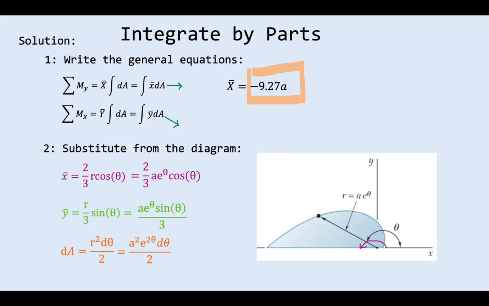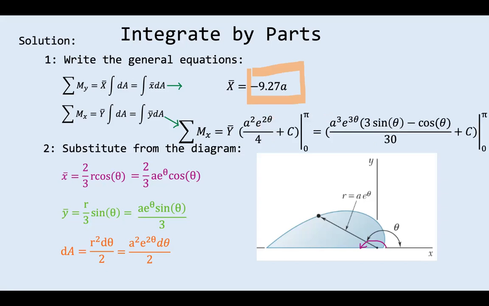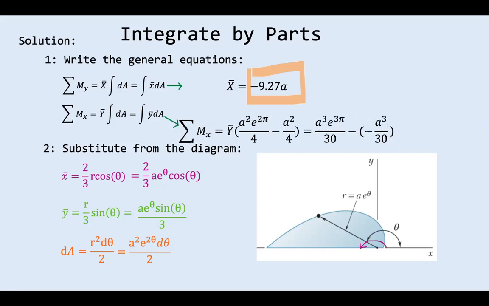Now let's solve for the second equation by plugging in all our given information and everything we have solved for. We get first this equation, then this equation, then after integrating by parts, we get this equation over here. After plugging in the bounds, we get this equation over here, which simplifies to this equation, which simplifies to this equation.